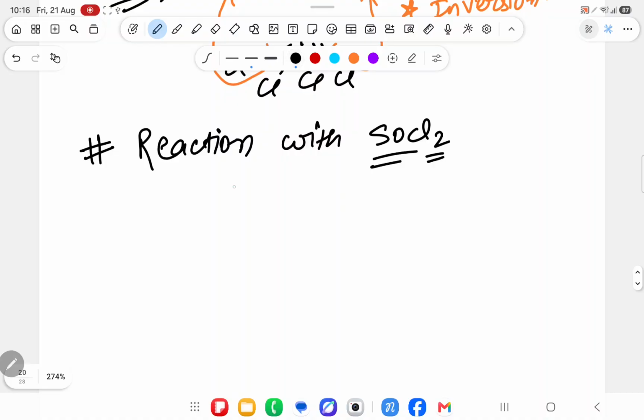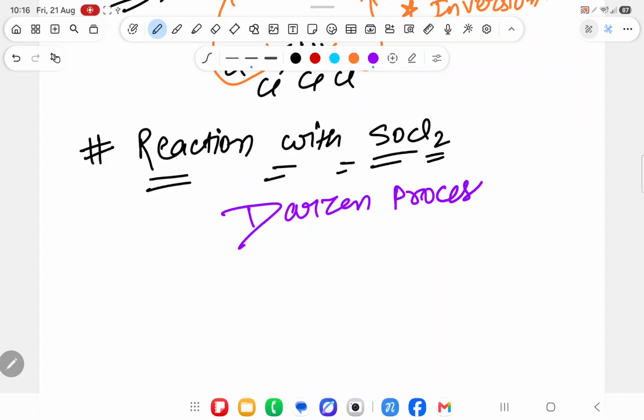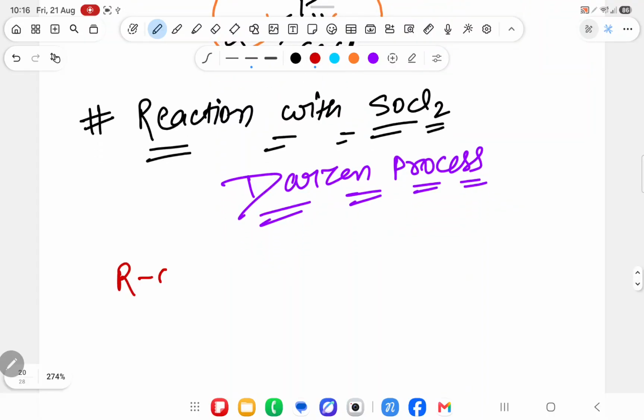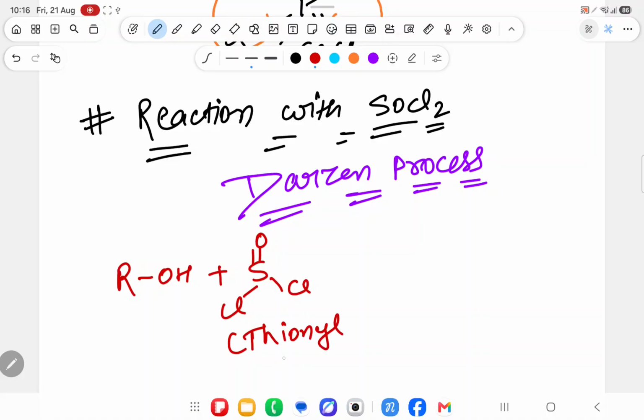Reaction with SOCl2 has a particular name. For the first reaction, HX, it is the Lucas reagent and Groove's process. Similarly, this reaction is named the Darzens process. What will happen in the Darzens process? ROH reacts with SOCl2, S double bond O with Cl and Cl, whose name is thionyl chloride.